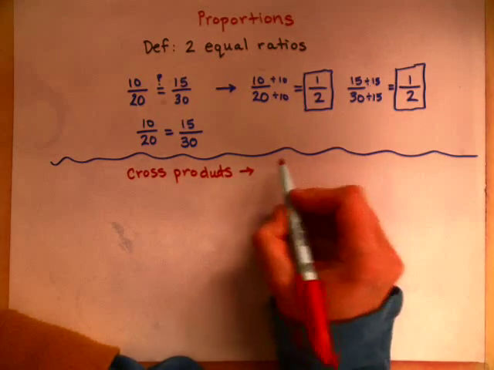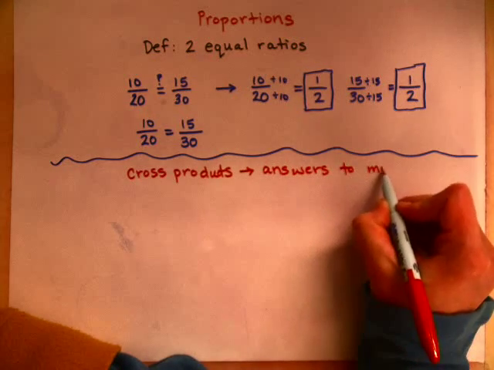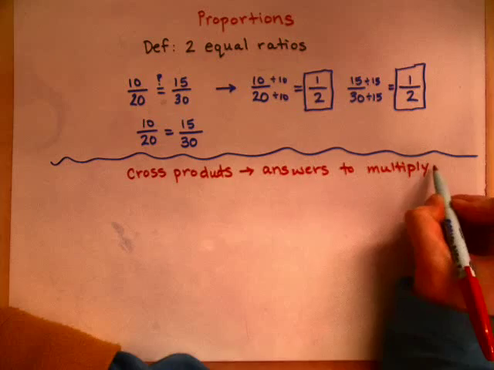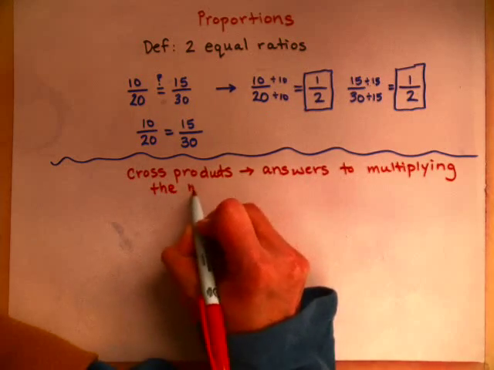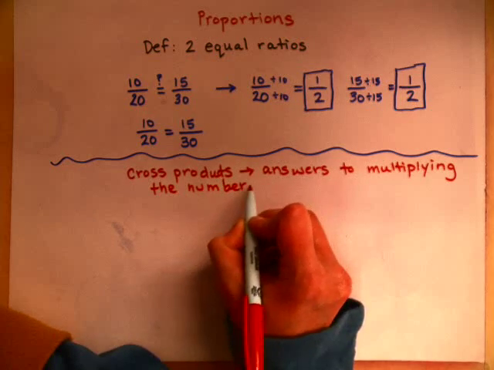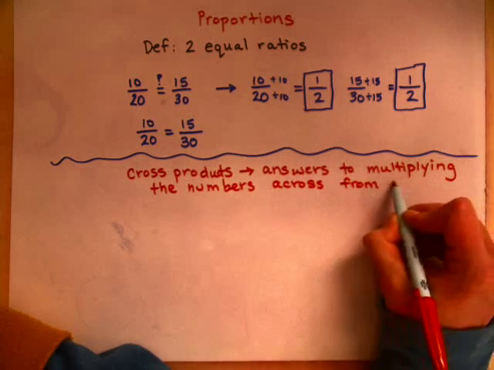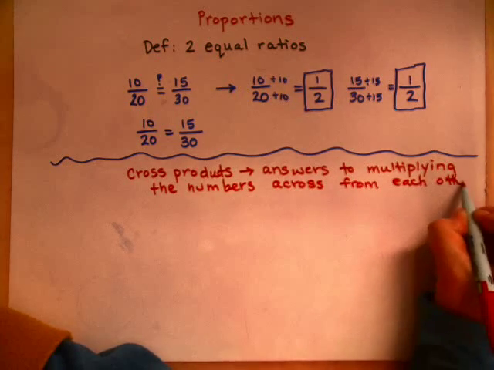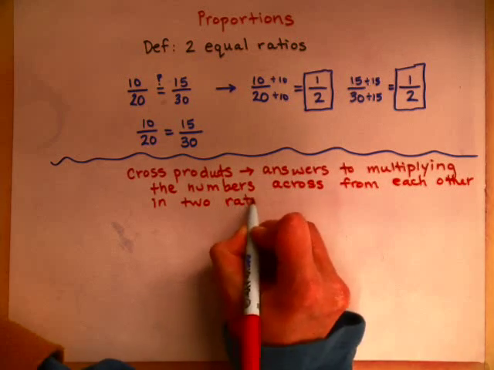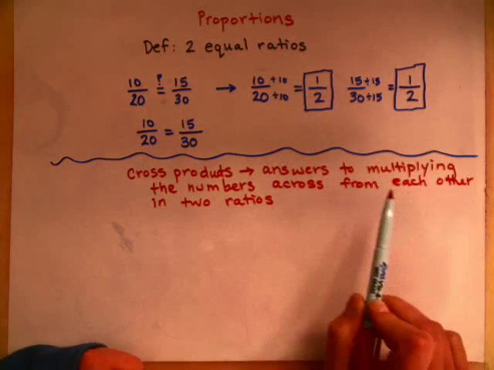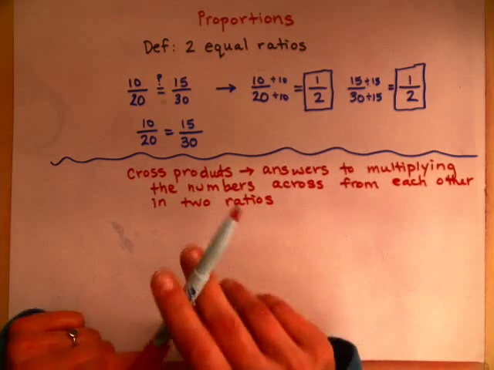So, answers to multiplying the numbers across from each other in two ratios. If the cross products are equal, then those two ratios form a proportion.